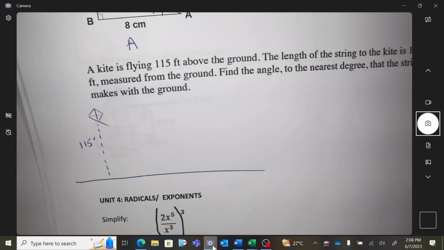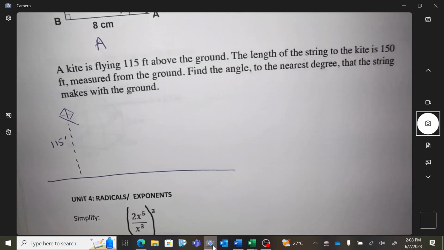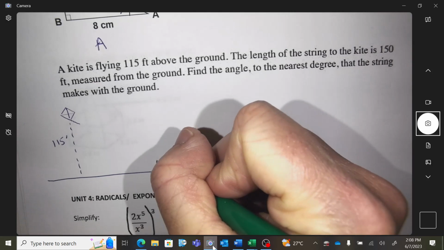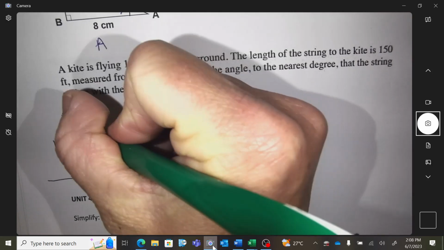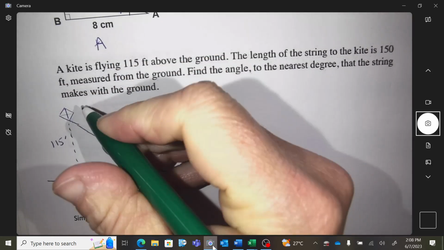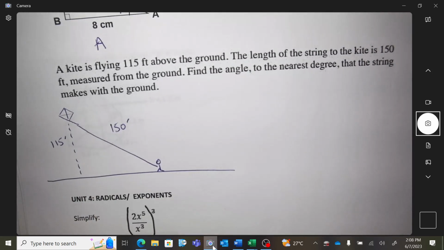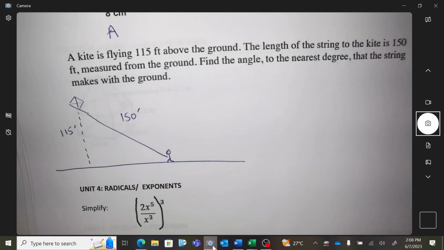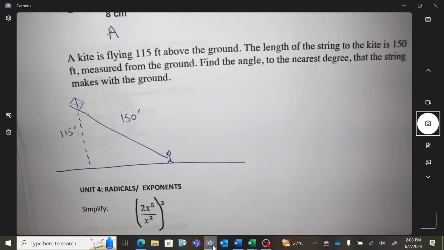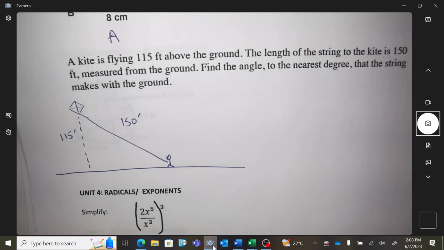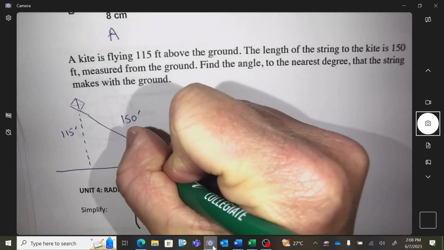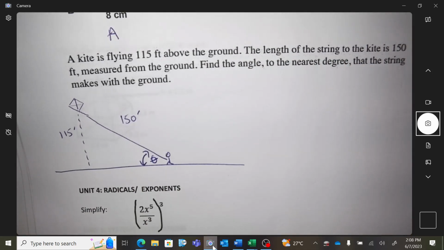The length of the string to the kite is 150 feet. So the person is flying it. There's the string. The string is 150 feet. Find the angle to the nearest degree that the string makes with the ground. Figure out that angle.